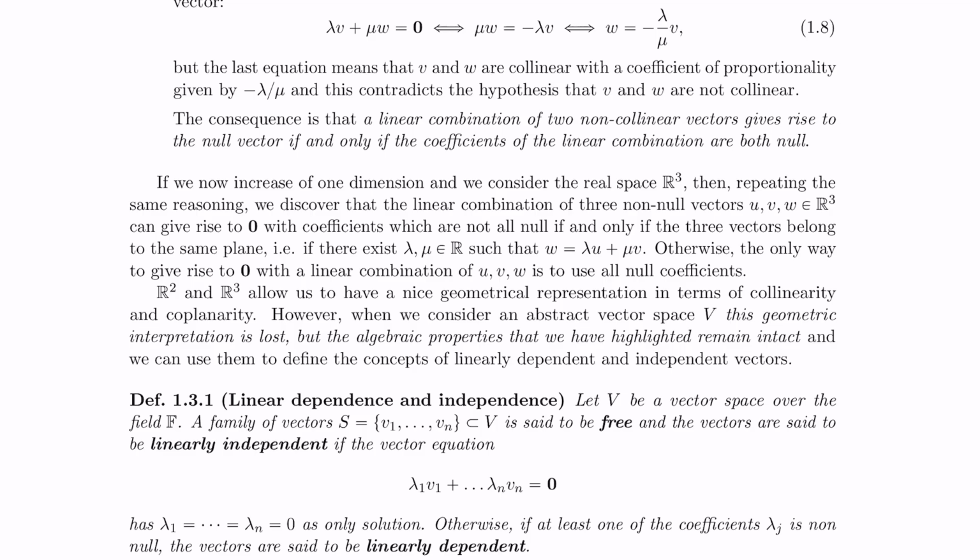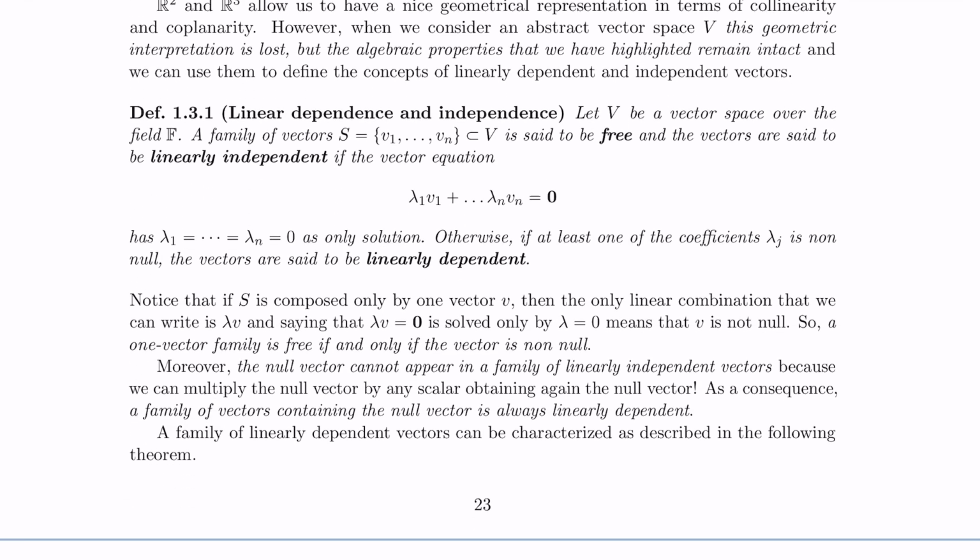The algebraic property that we have highlighted before distinguishes between linearly dependent and independent vectors, as we are going to formalize in this definition here. Let's consider any vector space V over the field F and a family S of vectors in V. Then the vectors appearing in the family are said to be linearly independent if we can obtain the null vector of V by a linear combination of these vectors if and only if all these scalars are zero.